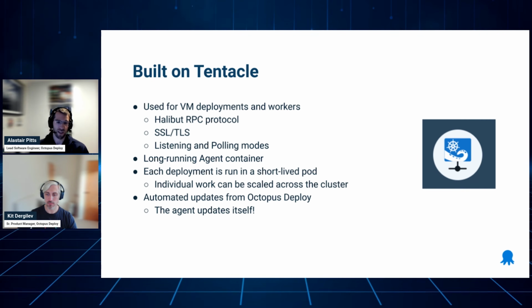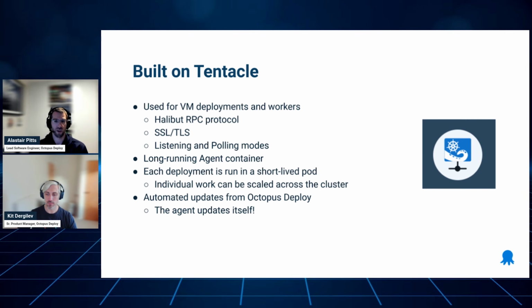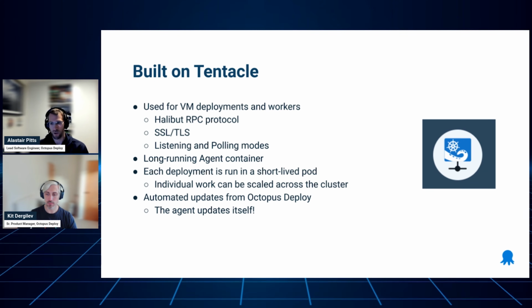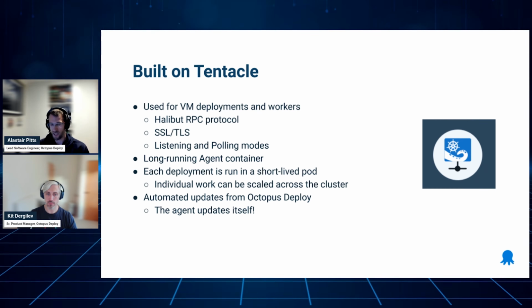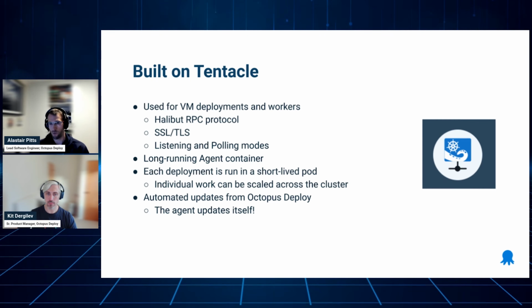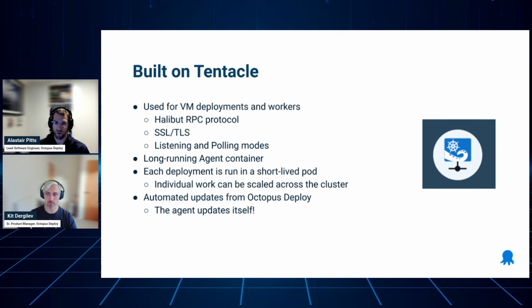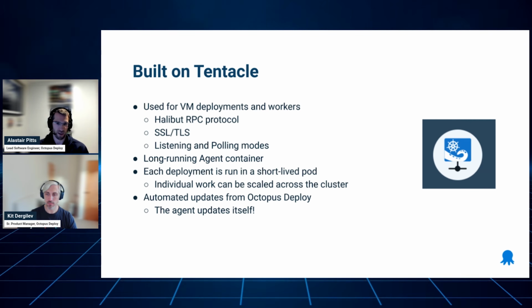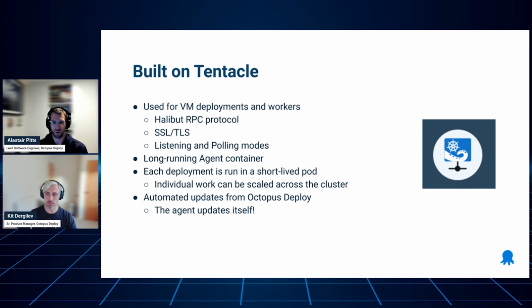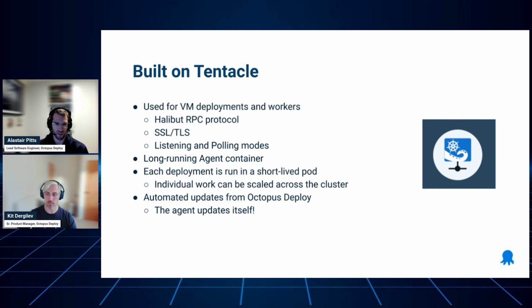This gives us the ability to scale that work across the cluster, because the work doesn't need to be performed within the tentacle container itself, and therefore it doesn't need to be run on the node that the tentacle container is run on. So if you've got a lot of deployments, they can be scaled across the entire cluster, rather than being concentrated on a single node within a single pod.